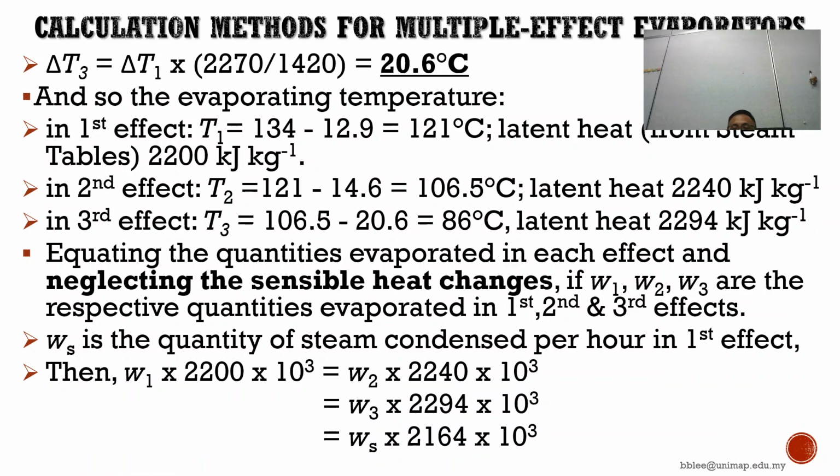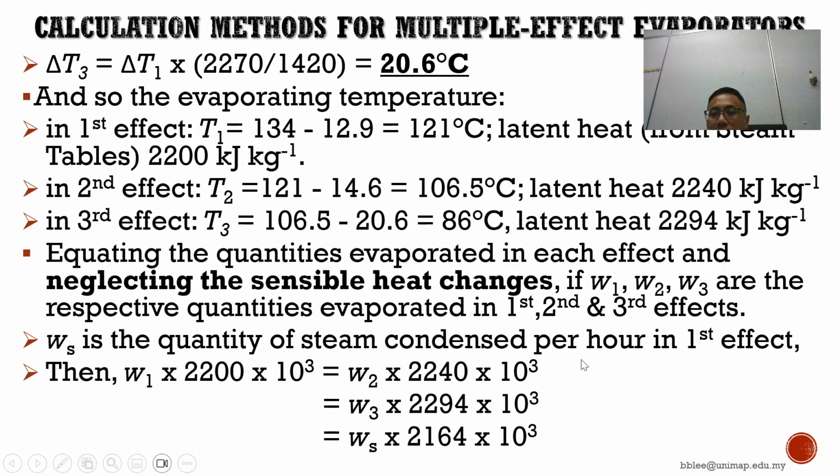Now, equating the quantities evaporated in each effect and neglecting the sensible heat changes, let W1, W2, W3 be the respective quantities evaporated in the first, second, and third effects. This is the vapor evaporated, our V1, V2, V3 actually.